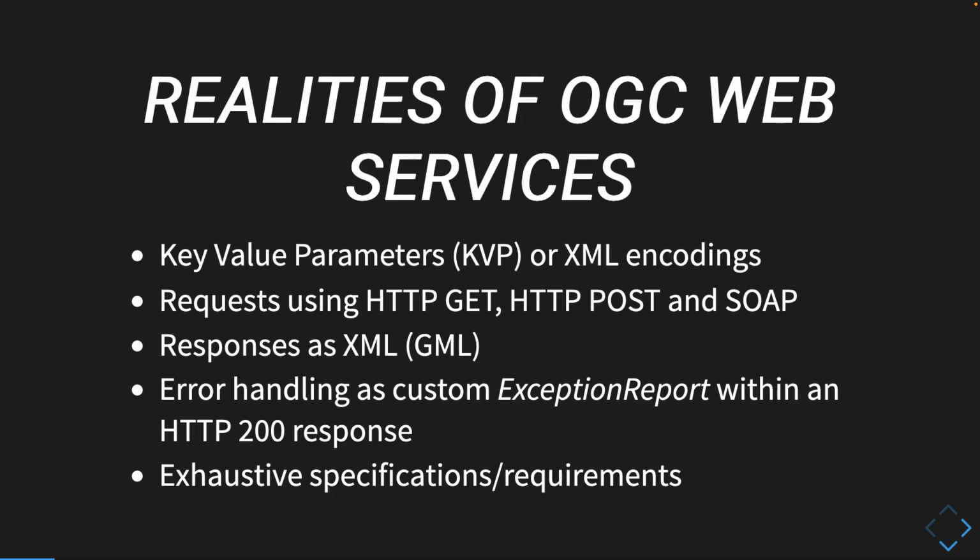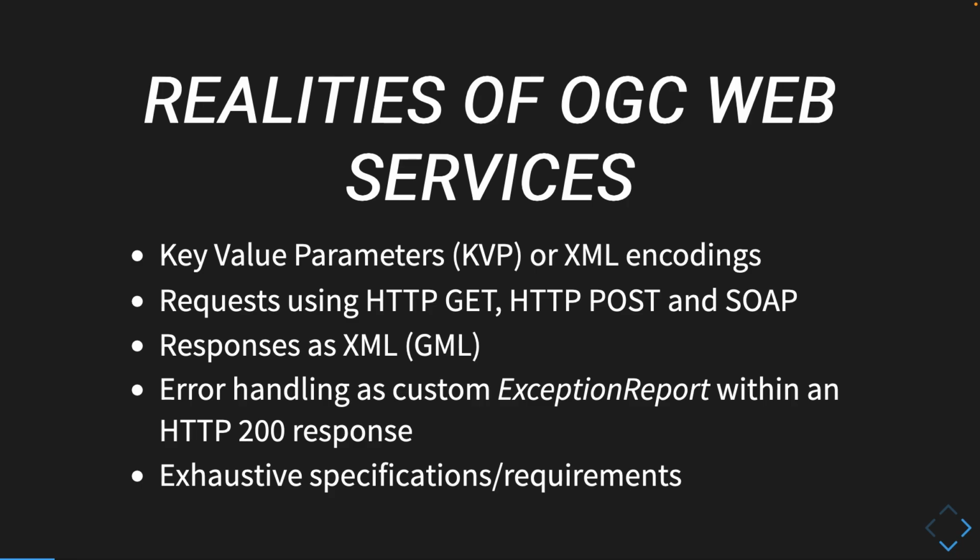We also saw that first generation geospatial web services really treated HTTP response codes and the HTTP specification itself as a tunnel, and all of the first generation geospatial web services sort of overloaded how we currently use and are supposed to use HTTP.